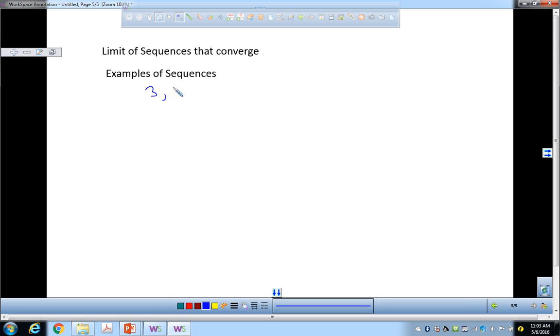Like a sequence is 3, 5, 7, 9, 11. This is called a diverging sequence, meaning the numbers never reach a limit, okay? So if a sequence reaches a limit, if it's not diverging, it's convergent, which means it reaches some set value after a long period of time.